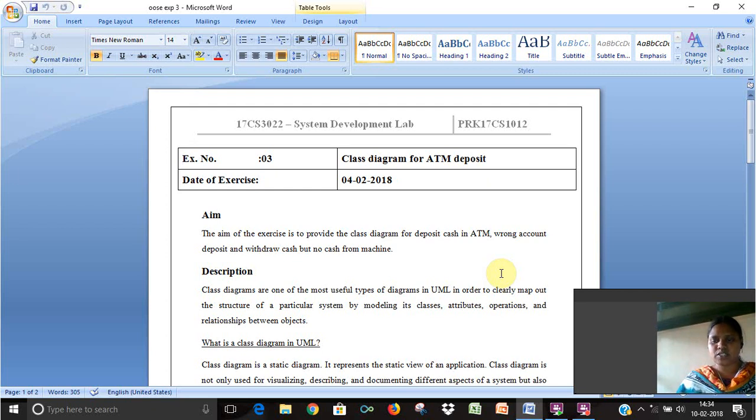Coming to the description, class diagram is one of the most useful types of diagrams in UML, used to clearly map out the structure of a particular system by modeling its classes, attributes, operations and relationships between objects.